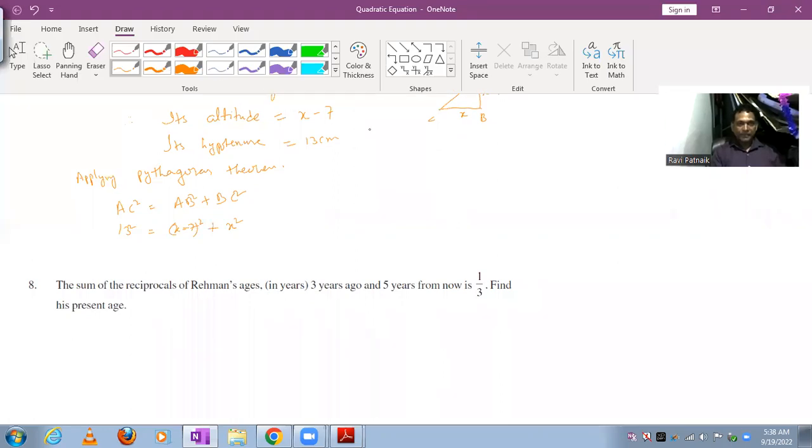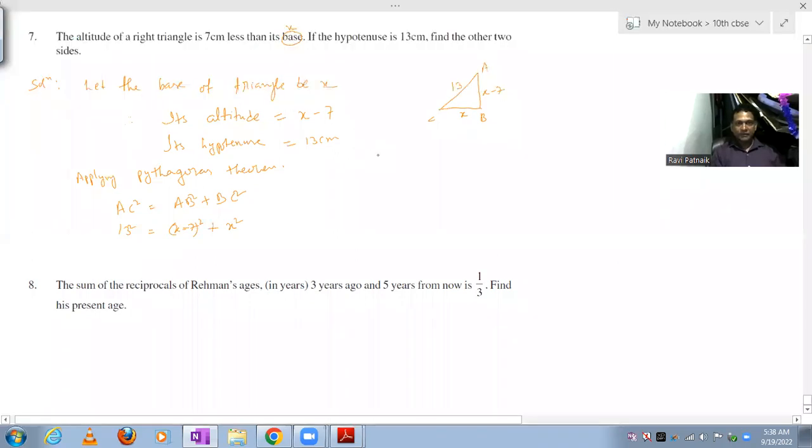Now, the unknown values we have to keep at the left hand side. A minus b whole square formula, you know, x squared minus 2 into x into 7 means 14x plus 49 plus x squared is equal to 13 square, 169.